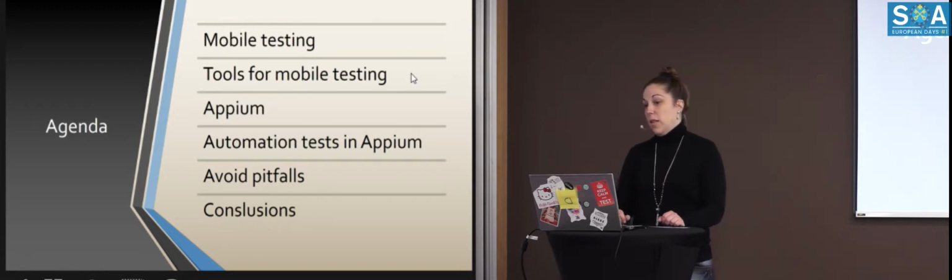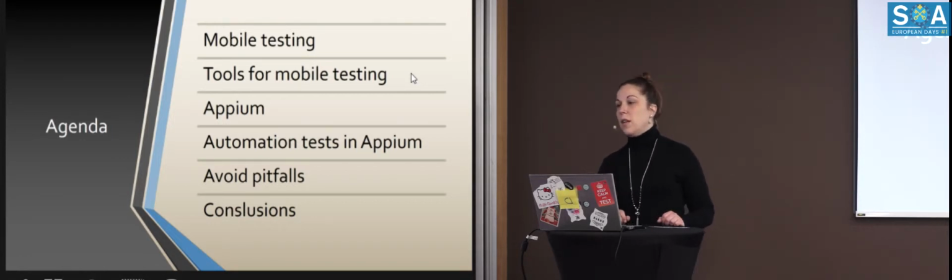So what exactly is mobile testing? That is a process by which application software developed for mobile devices is tested for functionality, usability, and consistency. That is very important for us.